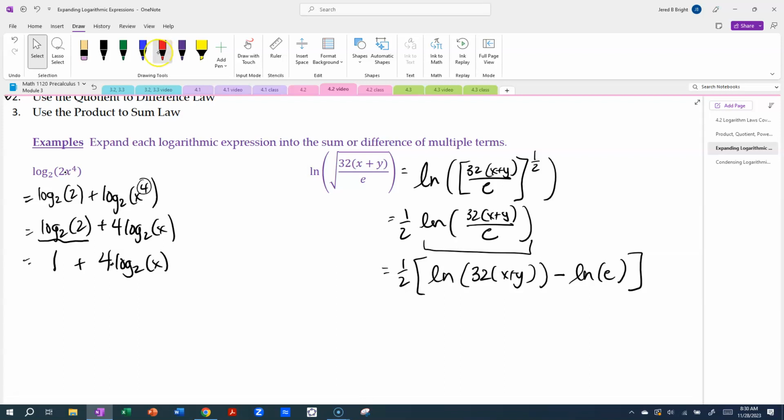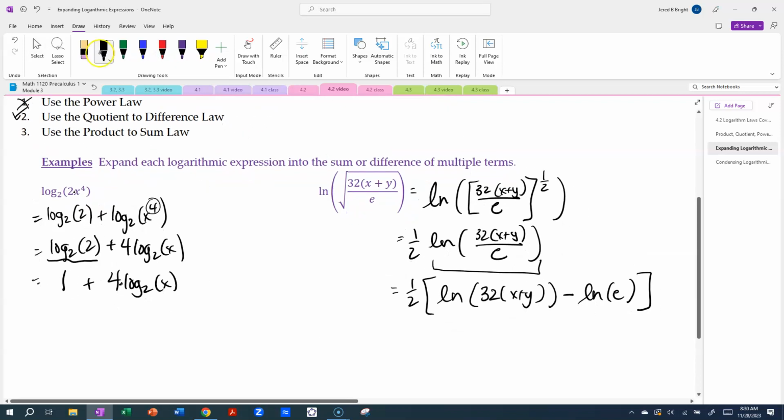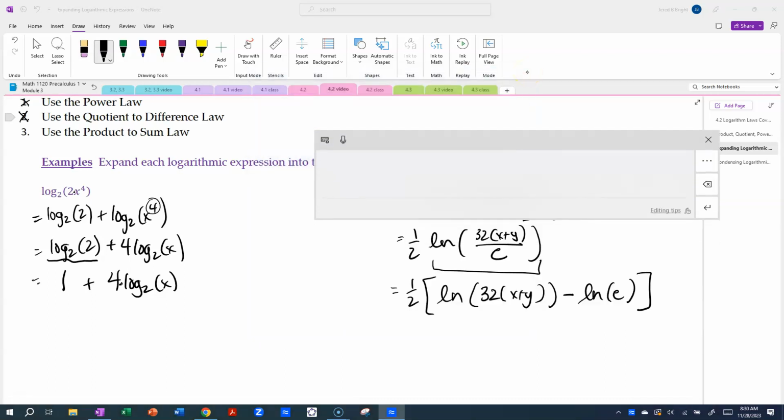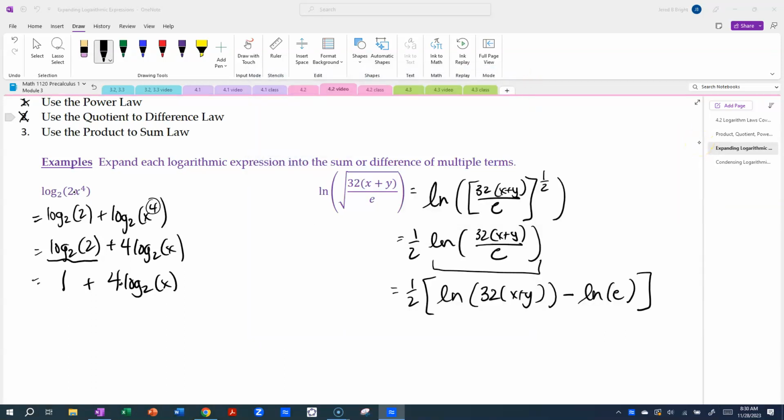Okay, so next I see, let's just go through the process. Okay, is there a power? Nope. Is there any more quotients that need to go to a difference? No. Is there a product? Actually, there is. There is a product between 32 and the x plus y.